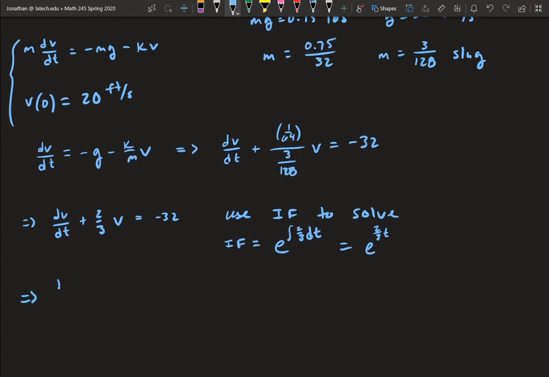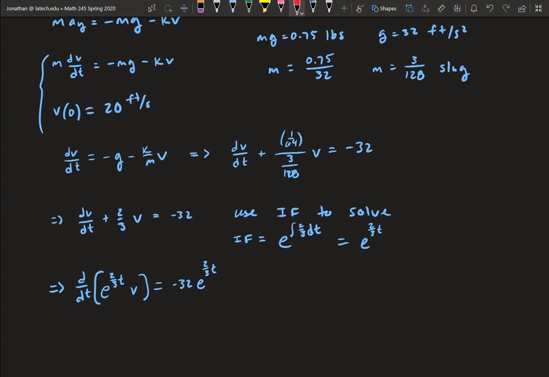So then we know it's going to become d/dt of e to the 2/3 t times v equals negative 32 e to the 2/3 t. Now, integrating factor means integrate both sides with respect to t.